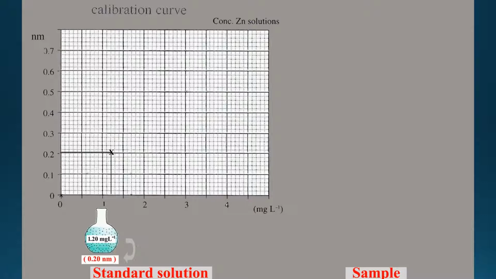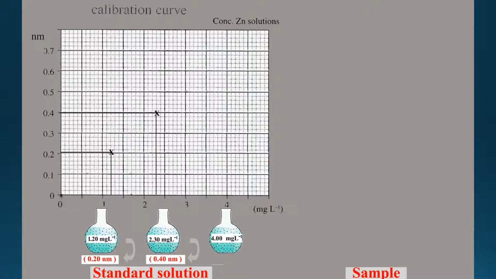And now the second sample, you do exactly the same. Put it onto the graph using the AAS machine to obtain the reading, and then do the third time.